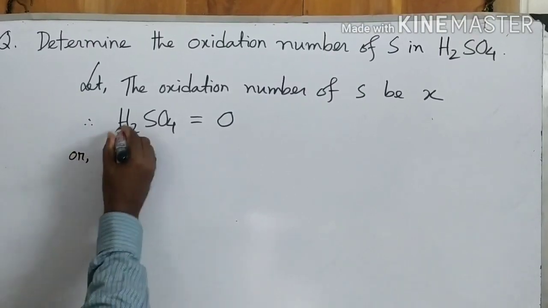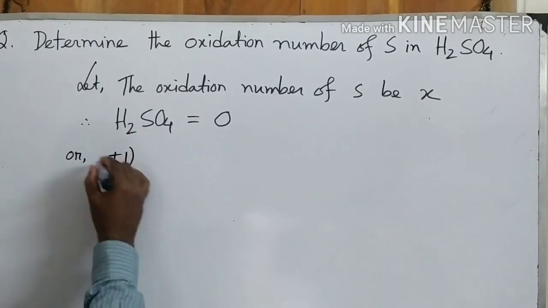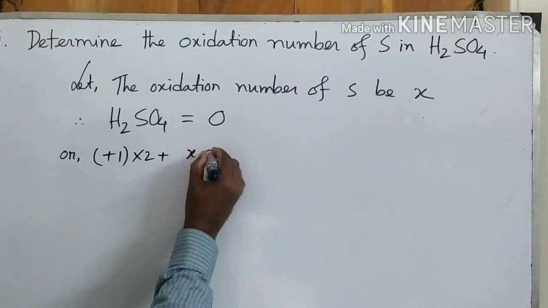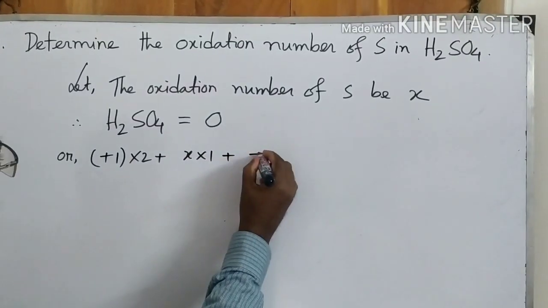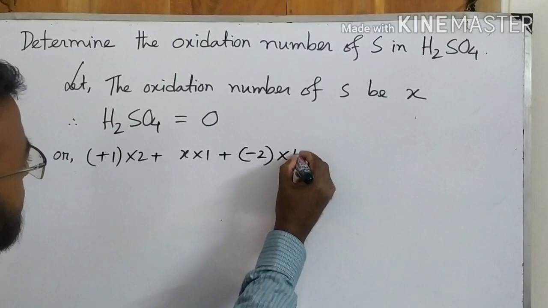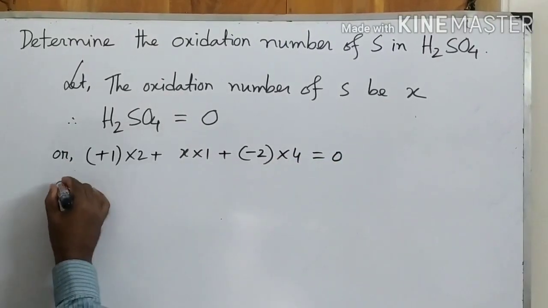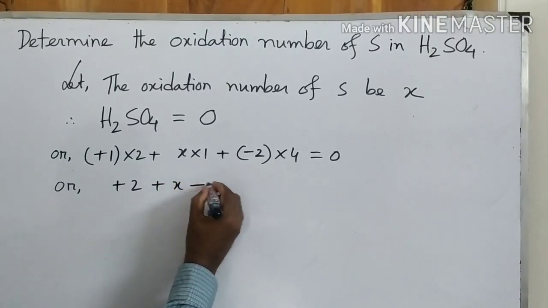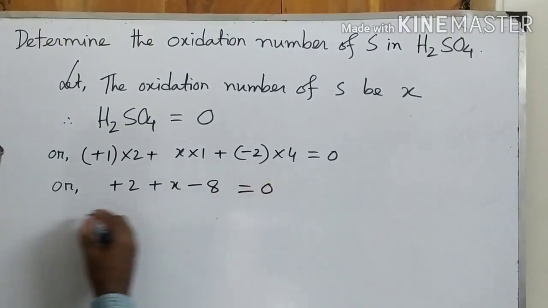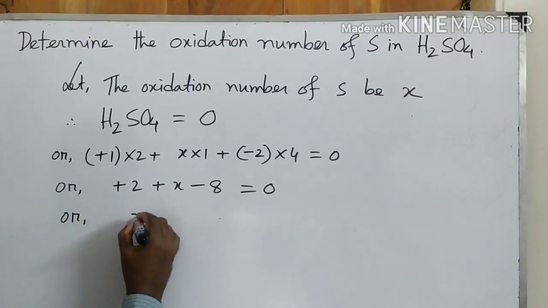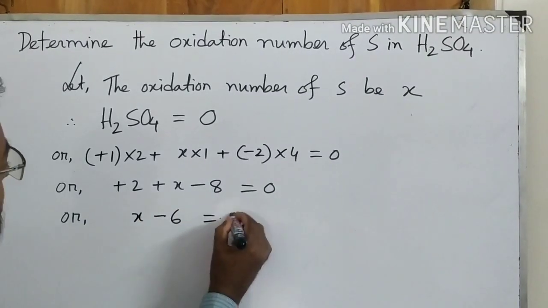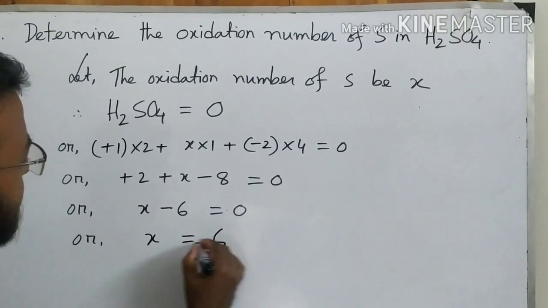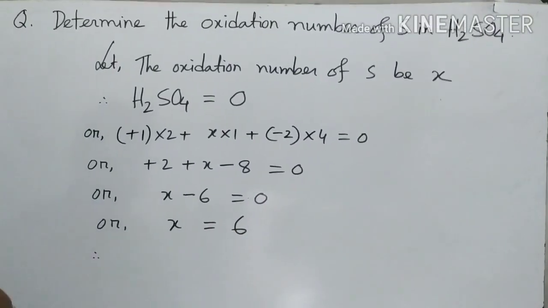So hydrogen oxidation number is 1 into 2, plus sulfur X into 1, plus oxygen minus 2 into 4 equals 0, or plus 2 plus X minus 8 equals 0, or X minus 6 equals 0, or X equals 6.